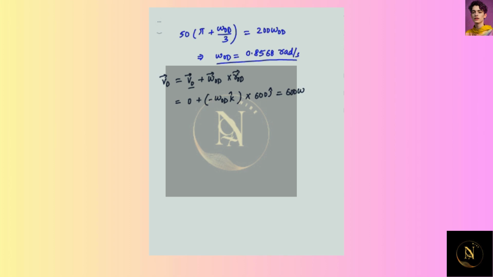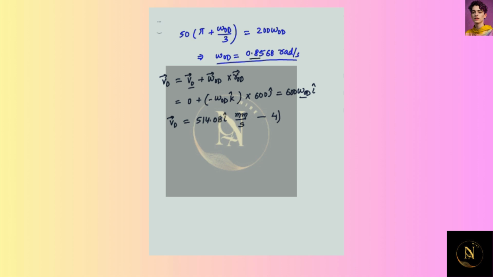So from here we get 600 omega OD i cap. Substituting the value of omega OD, the V_D vector equals 514.08 i cap mm per second. This is our equation number 4.